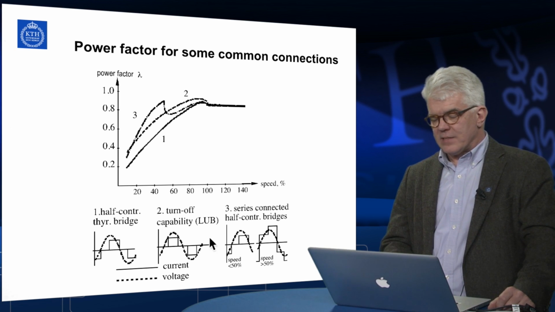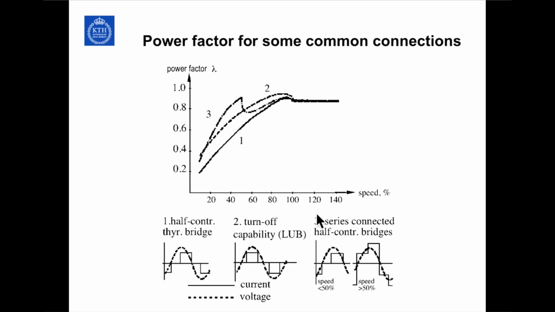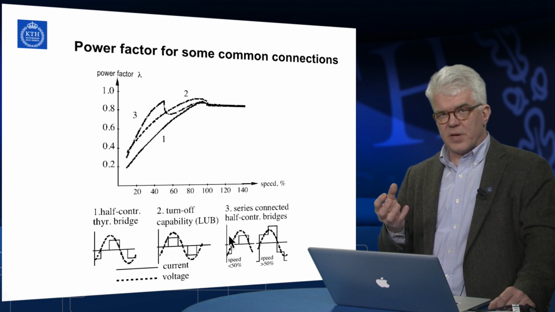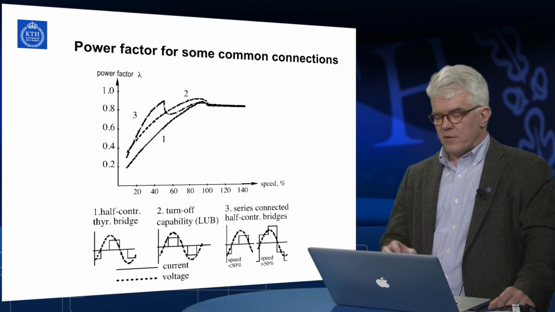The third one is the one which actually is used, and this is the series connected half control bridges. As you can see, if you do this kind of control, with this kind of series connected bridges, you will get a peak in power factor at half the base speed. That is when the first bridge is fully controlled up to alpha equal to 0.